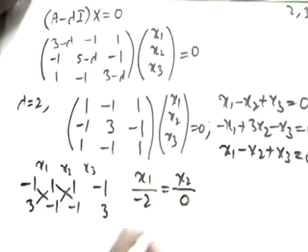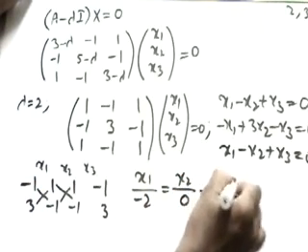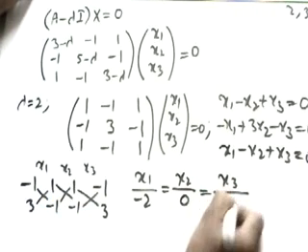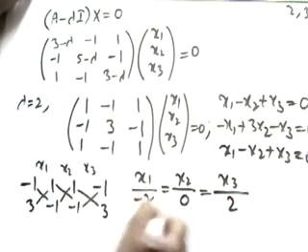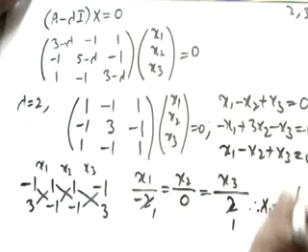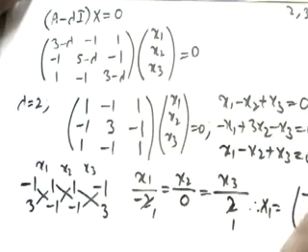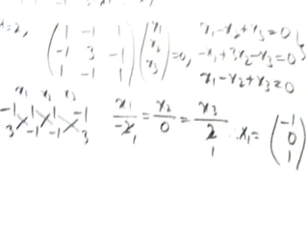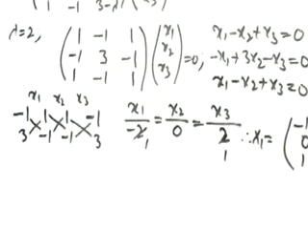X2 divided by minus 1 minus 1 is plus 1, 0, equals to x3 divided by 3 minus 1 is 2. We can cancel this 2, ones are 2, ones are. Therefore we get the first vector minus 1 0 1.